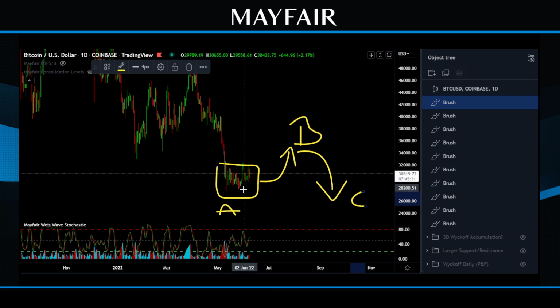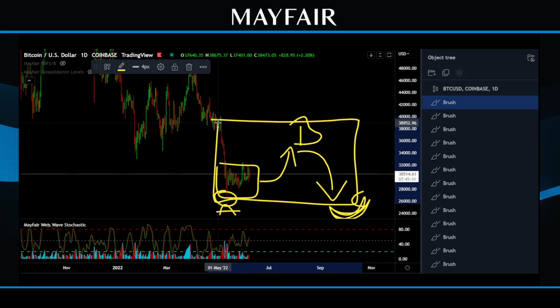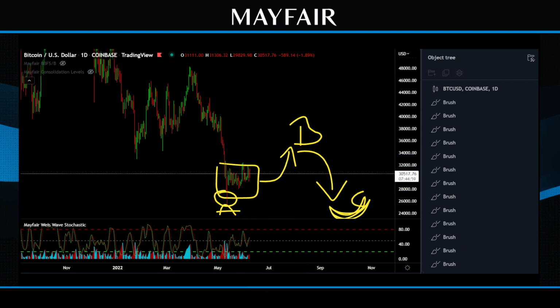So you can expect a three-phase move, ABC, and then back down for the C. And what we'll see within this move is some kind of larger scale spring move, if this is indeed the selling climax. So in essence, I'm seeing a much larger Wyckoff accumulation phase take place, with a smaller accumulation phase in this region, but not something that's likely to take us to 100K and beyond.